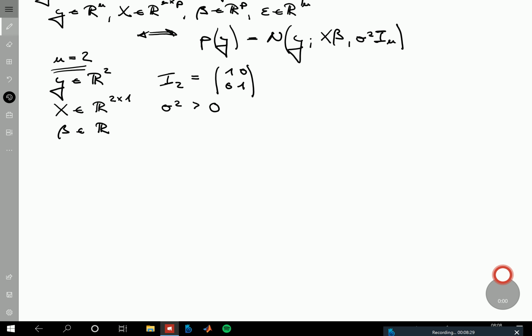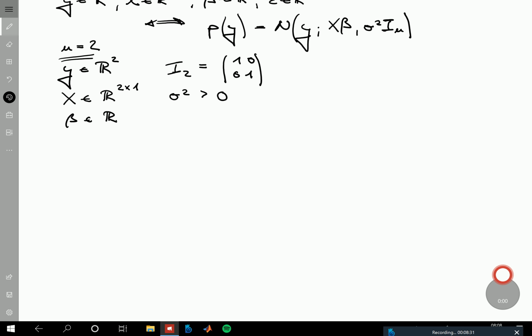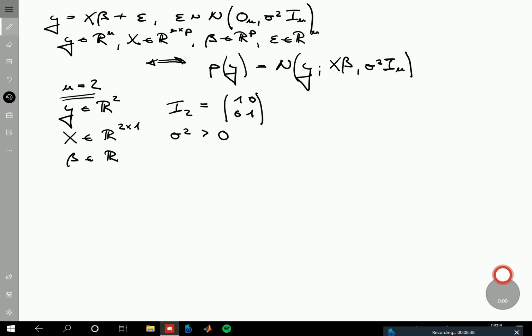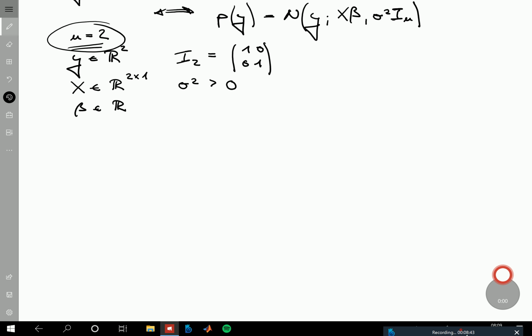Let's first look at the error. In this scenario, the error is distributed according to a multivariate Gaussian with an expectation parameter being 2 zeros and a covariance parameter being this.